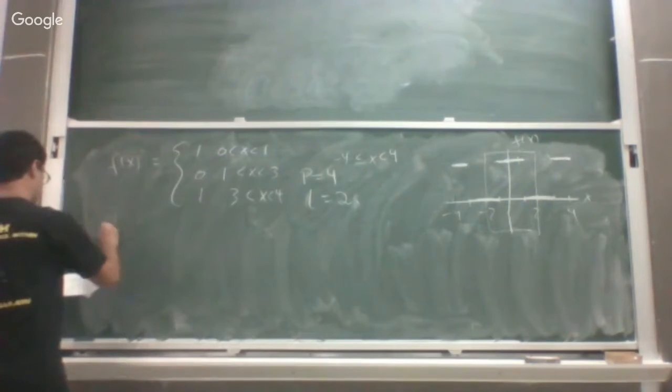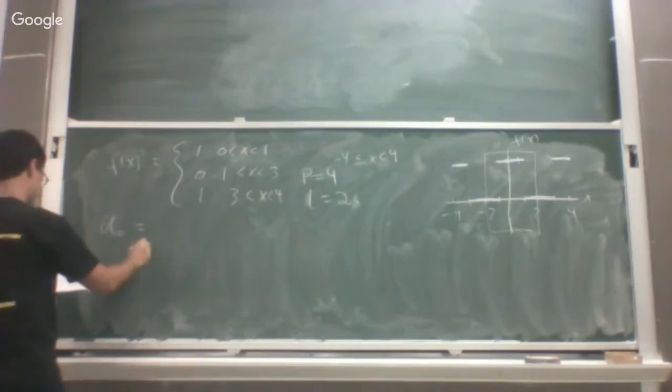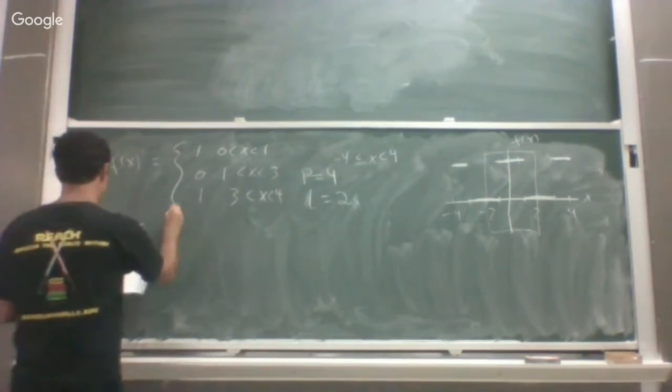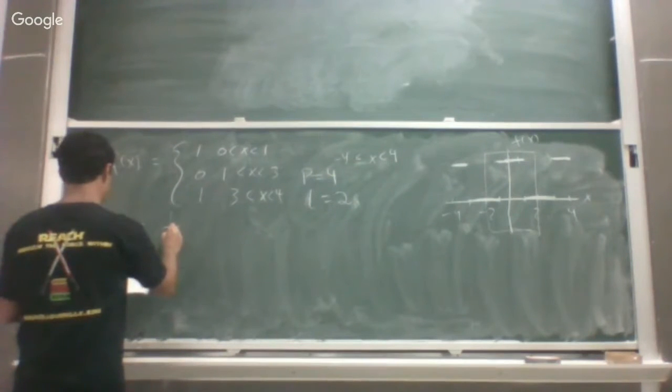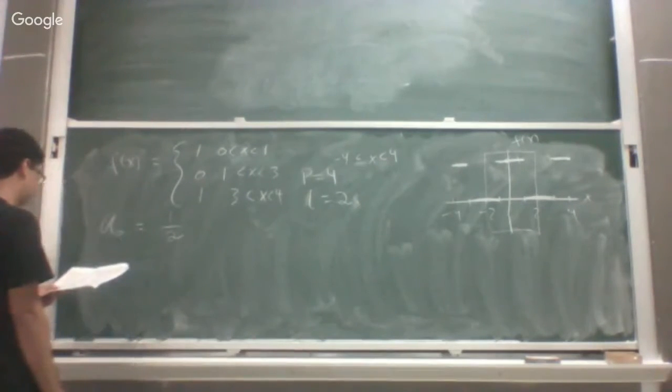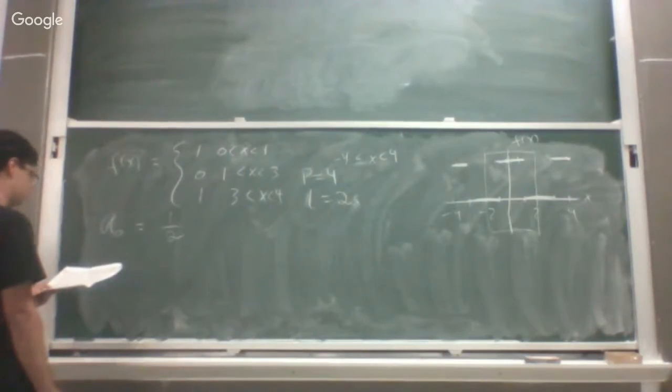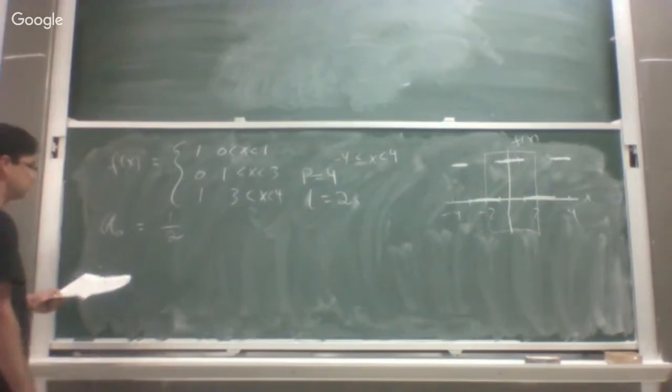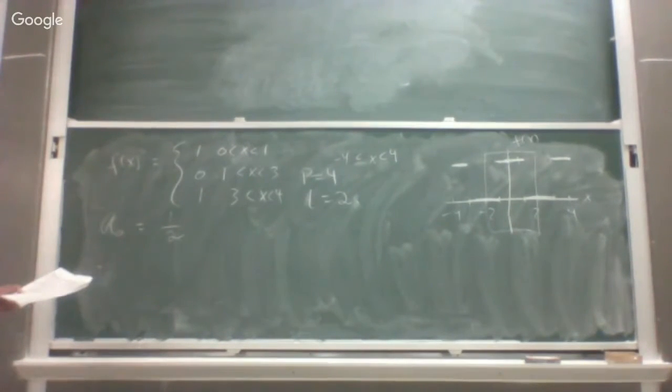So then when we find our A sub naught, we have 1/2. So I'm not writing the formula out, but it's essential.